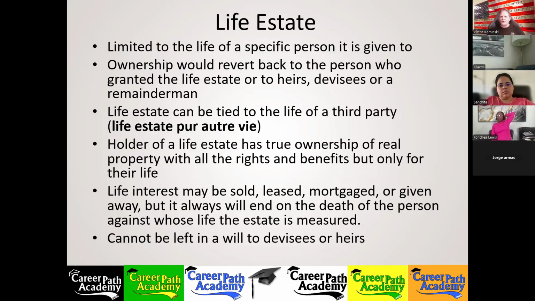You can't therefore assign it to someone else after you die. So a life interest may be sold, leased, mortgaged, or given away while you're still alive, but it will end on the death of the person against whose life the estate is measured. So it cannot be left in a will to devisees or heirs.